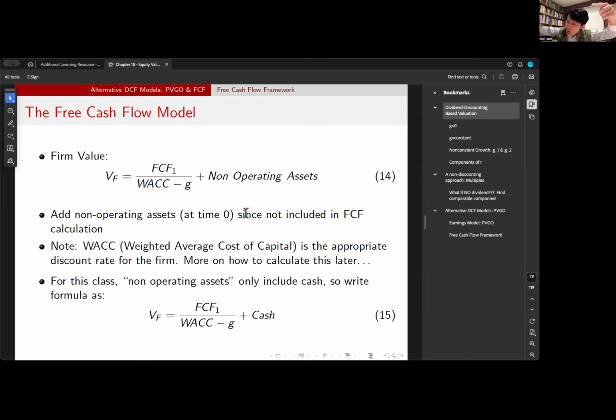You derive that from your corporate finance class, and that is what we call the weighted average cost of capital. The non-operating asset refers to something similar to the notion of a firm's cash or money market instruments. Okay, so these are pretty liquid. So that's the firm value.